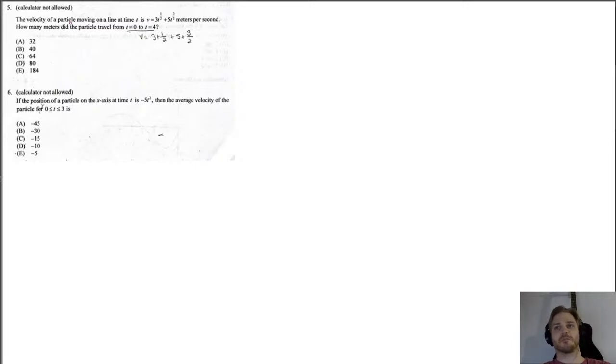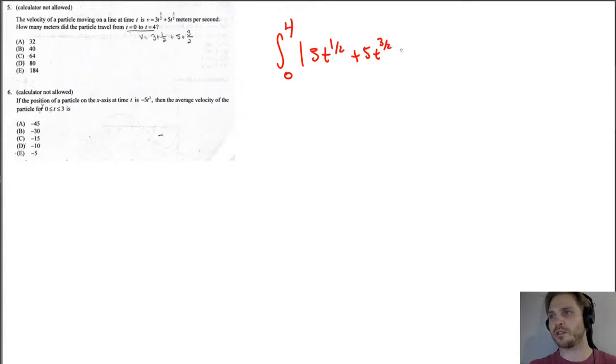It's talking about how far did it go altogether. So we have the integral from 0 to 4 of the absolute value of 3t to the 1/2 plus 5t to the 3/2 dt.